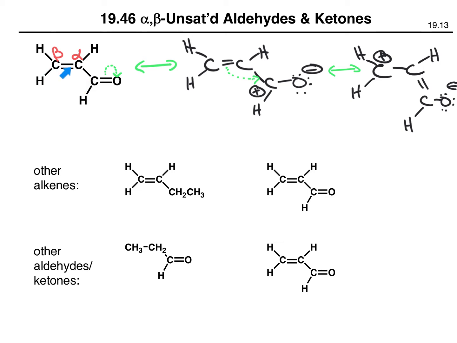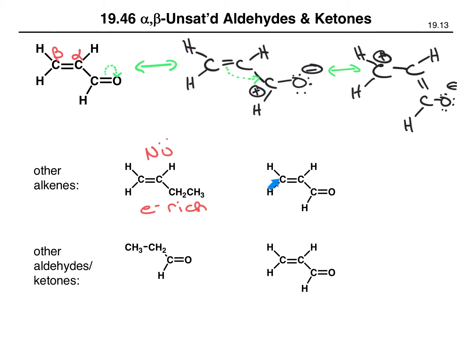Let's see how alpha-beta unsaturated aldehydes and ketones compare to other alkenes and to other aldehydes and ketones. In general, alkenes are electron-rich, and so they can act as nucleophiles.